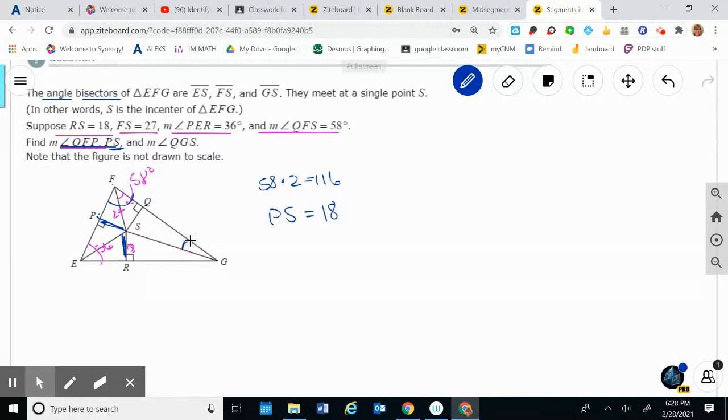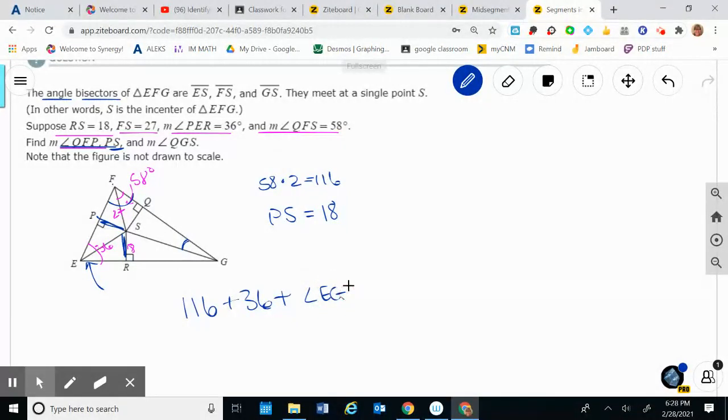QGS here. So again, you're going to have to use your 180 rule. We have the large angle at the top is 116. This one here is 36 plus 116 is 152.